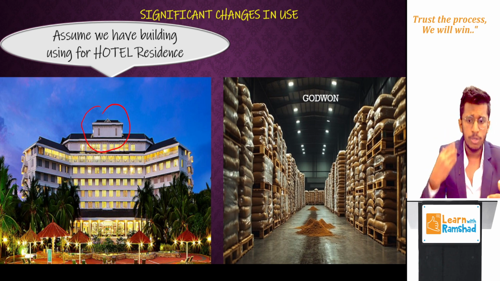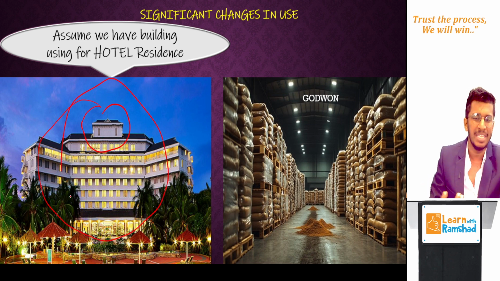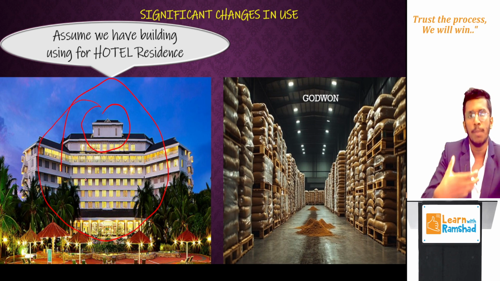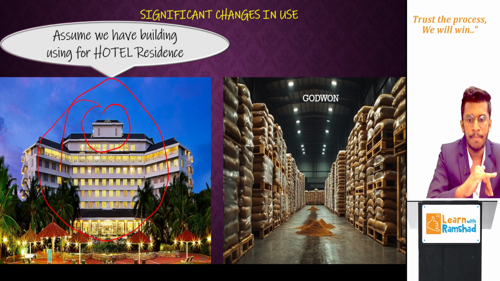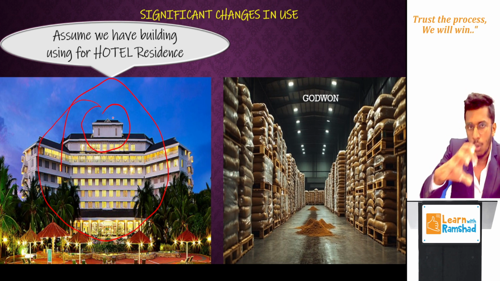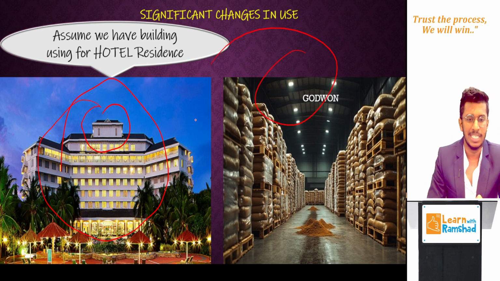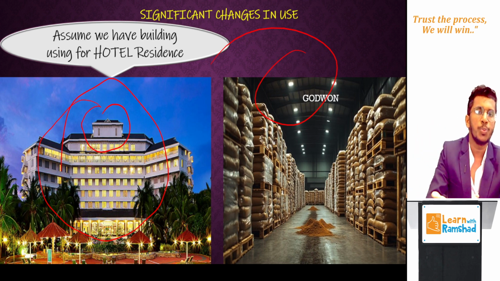Remember, when you use it for a residential purpose, generally you will get more value. And when you sell it at this point of time, people will give you a fairly good price compared to godown purpose, right? That's it. So in short, once you change the use of the asset, there is a chance for value reduction.